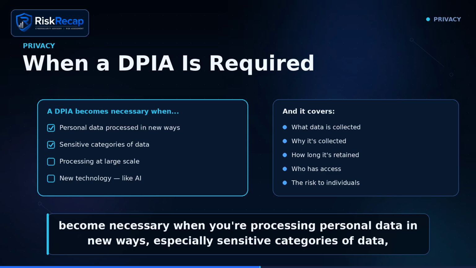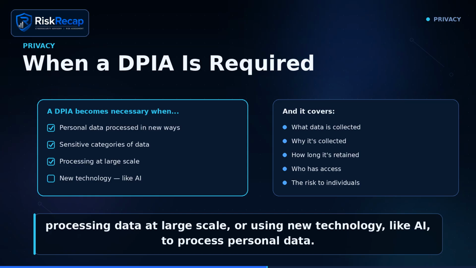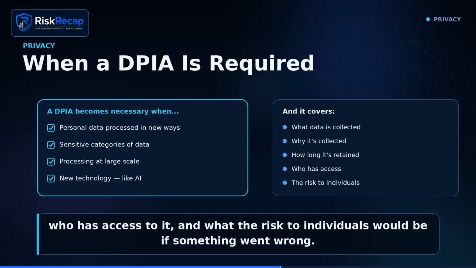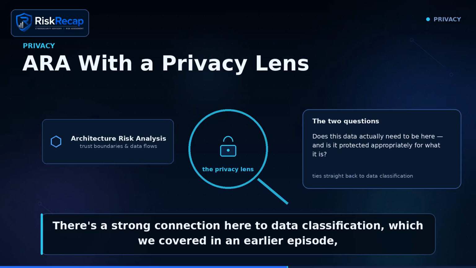Data protection impact assessments, sometimes called privacy impact assessments, become necessary when you're processing personal data in new ways, especially sensitive categories of data, processing data at large scale, or using new technology like AI to process personal data. These assessments cover what data is collected, why it's collected, how long it's retained, who has access to it, and what the risk to individuals would be if something went wrong.